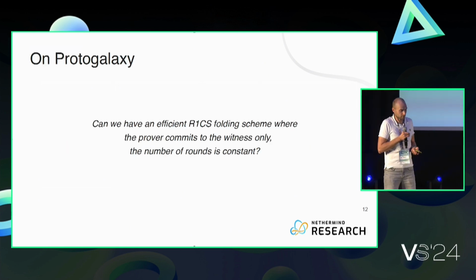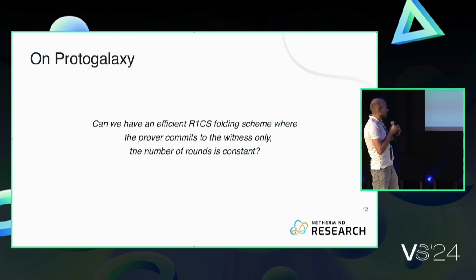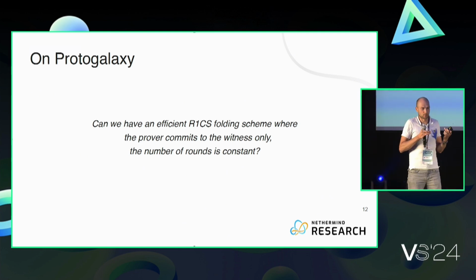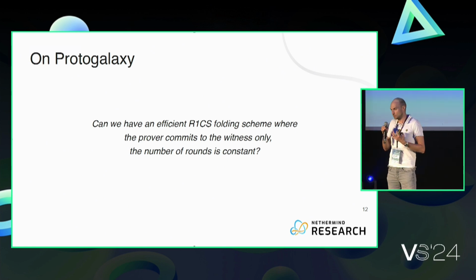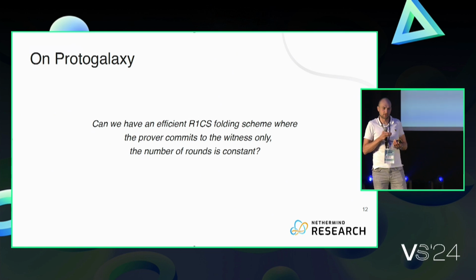Okay, and one additional thing is that in our work we tried to answer the question: can we have an efficient R1CS folding scheme where the prover commits only to the witness, and the number of rounds for the verifier is constant?